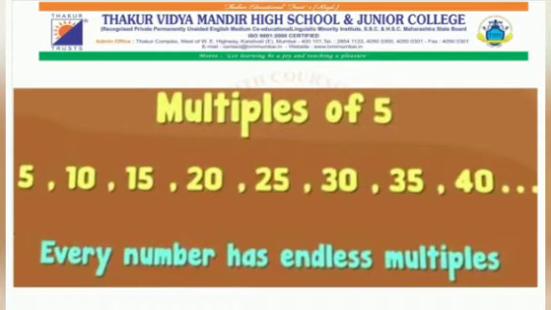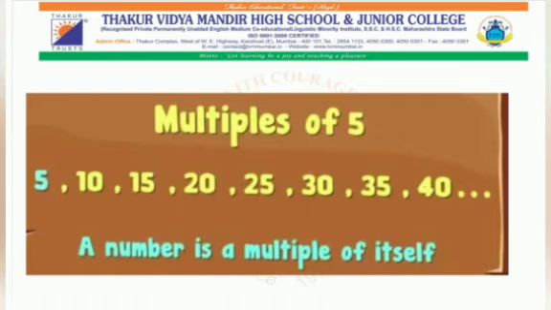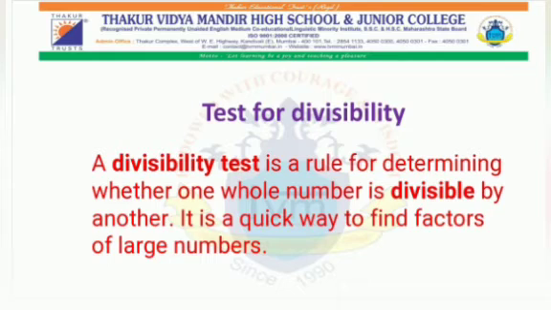But students, every number has endless multiples. And one more thing students, a number is a multiple of itself. Suppose we are finding the multiples of 5. So the first multiple of 5 will be 5 itself, the number itself.